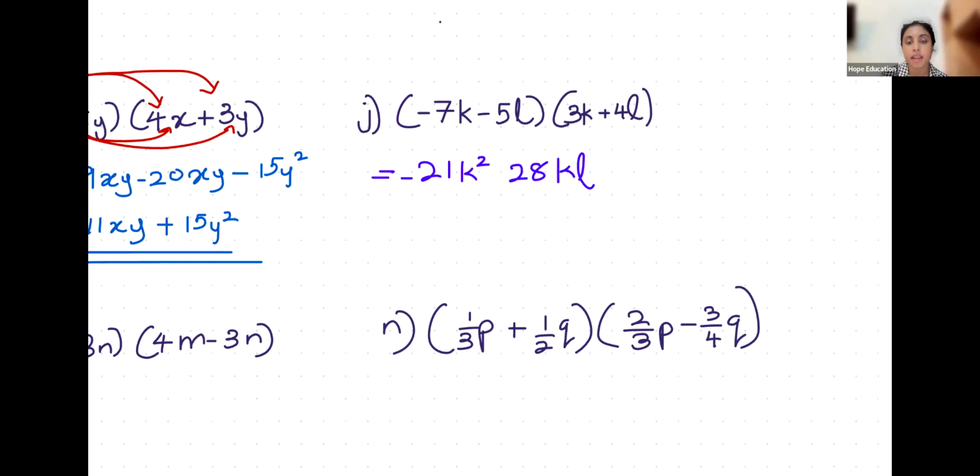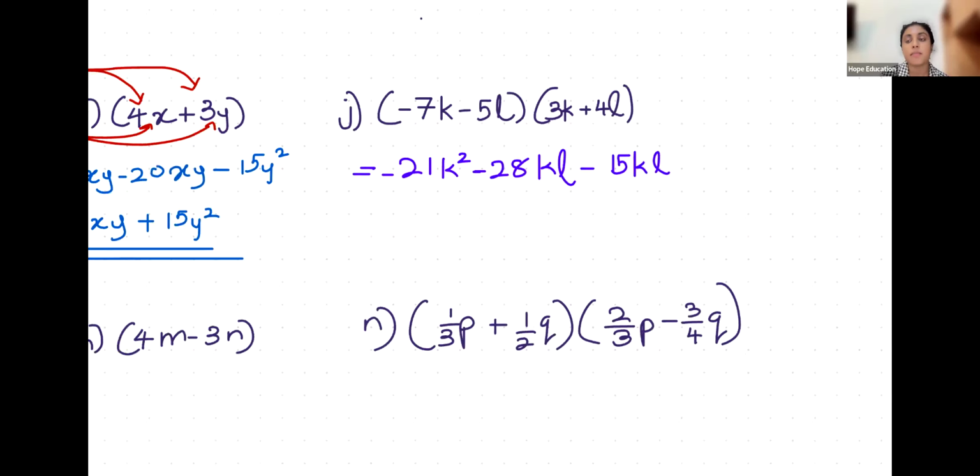Minus times plus is minus. Then 5L multiplied by 3K. 5 times 3 is 15. K times L is KL. Minus times plus is minus. Then 5L multiplied by 4L. 5 times 4 is 20. L times L is L squared. Minus times plus is minus.